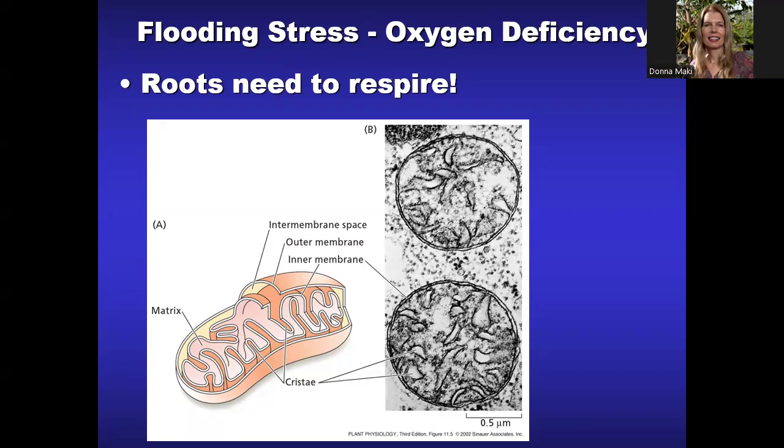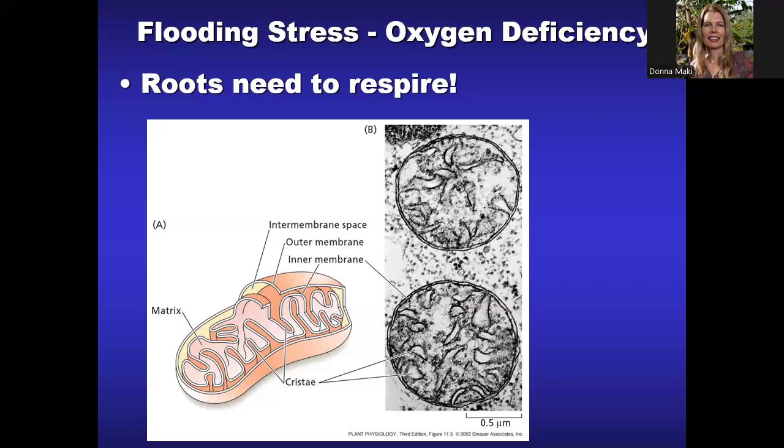And if you create flooding environments that are long-term, all the air spaces in the soil are saturated with water. Oxygen diffuses very slowly. That's the other big takeaway. Oxygen diffuses very slowly in water. So not only do you have lack of air spaces in the soil, now you have the trouble of the roots not being able to get enough oxygen quickly enough, and they start to die.